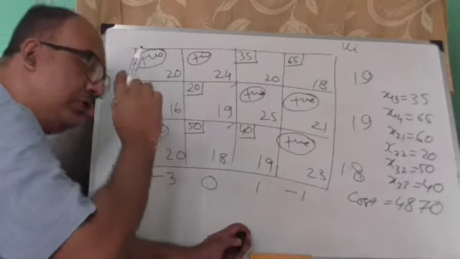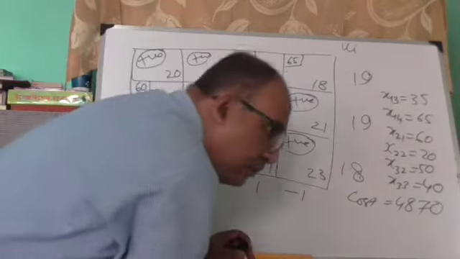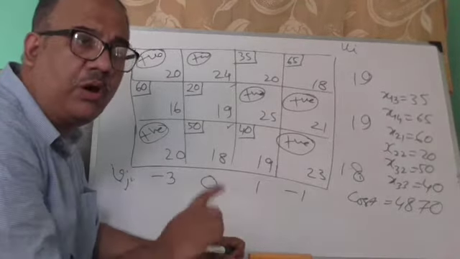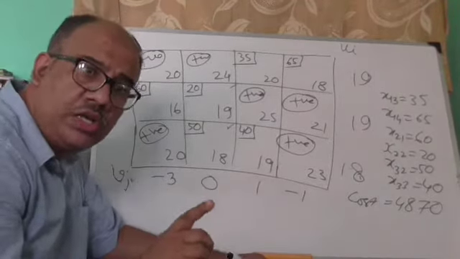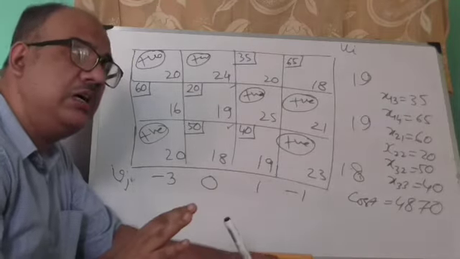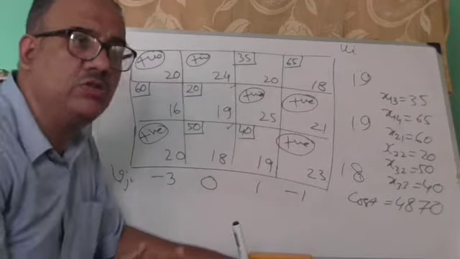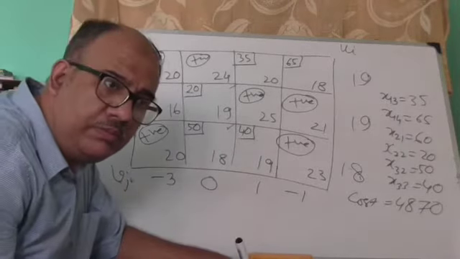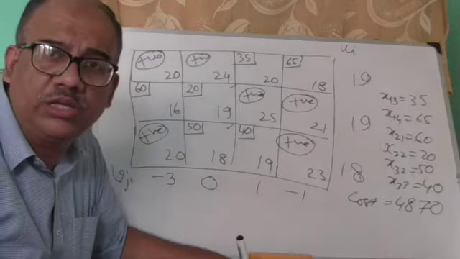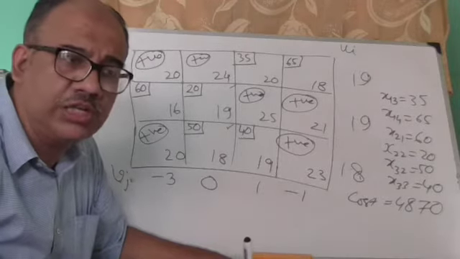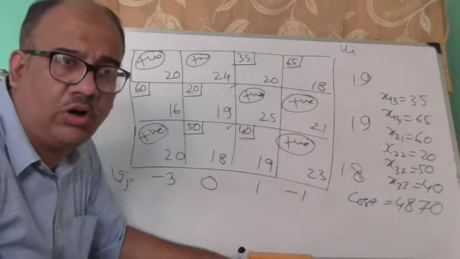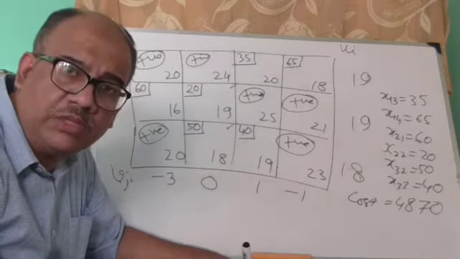So 3 steps to solve the transportation problem. First step is to check whether the problem is balanced or not. If it is balanced, then you go to the second step. If it is not balanced, you have to balance the problem and then go to the next step. In the second step, you find out the basic feasible solution by either matrix minima method or north-west corner method or Vogel's approximation method.